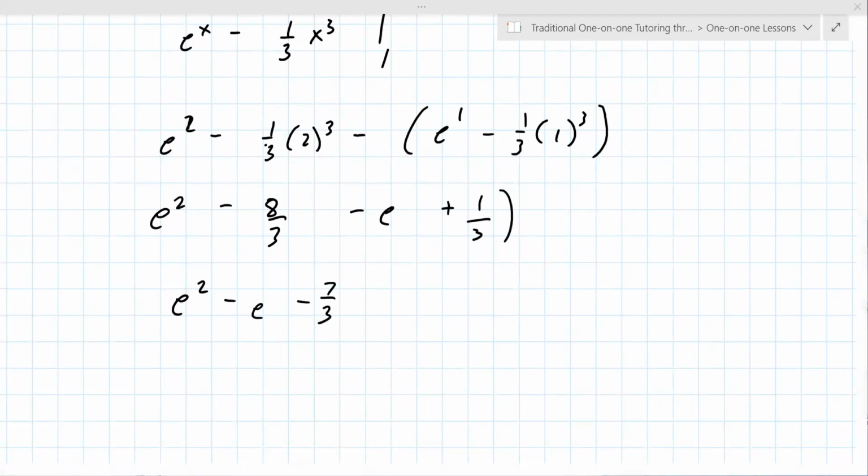Okay, let's try another one here. Let's go with y equals 2 square root of x and y equals x. Yeah, here's a classic.